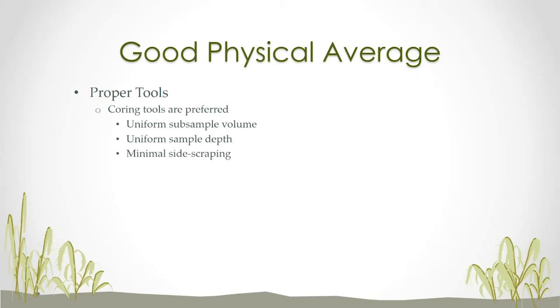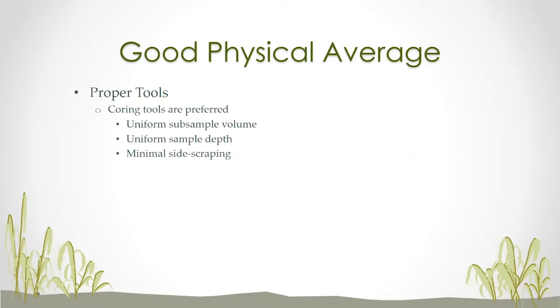And I'll be stronger than saying preferred, and say really this is the most accurate way of taking soil samples, because we have a constrained subsample volume that we get with these coring tools, very uniform from location to location in the field.